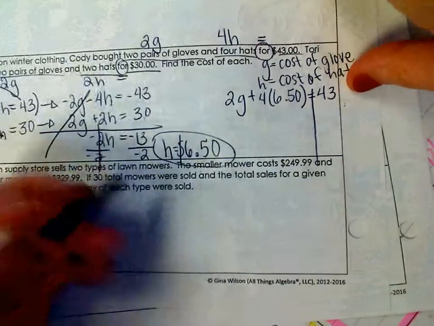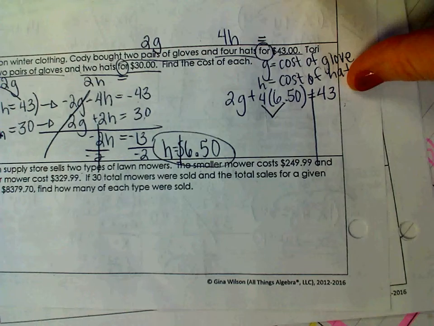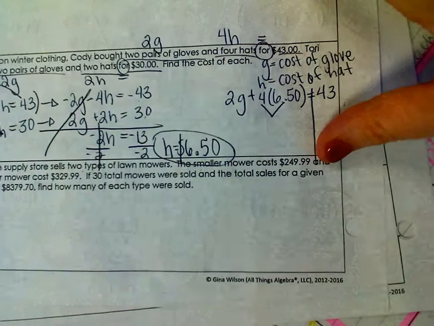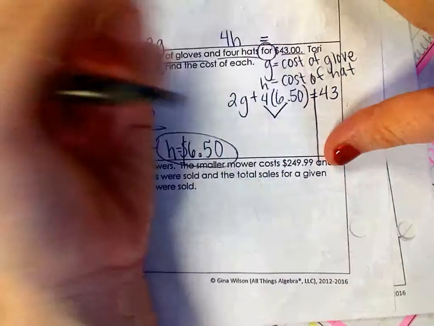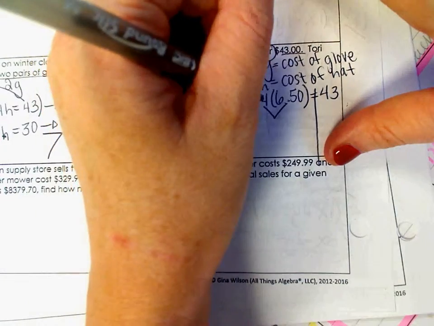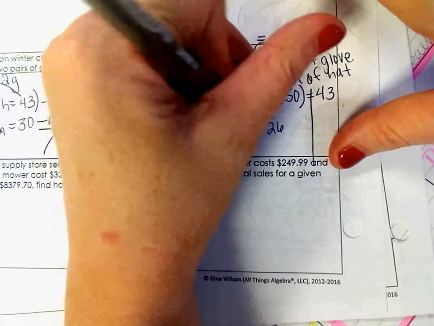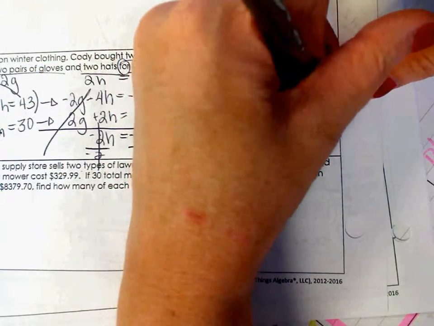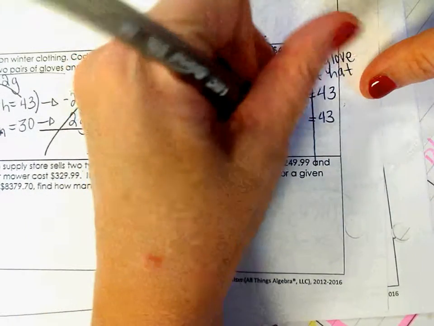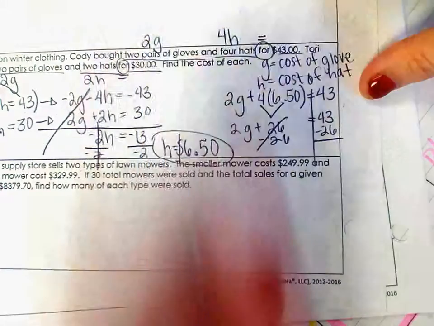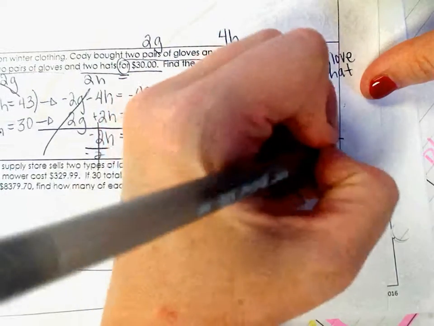Now multiply. Subtract 26. And divide by 2.